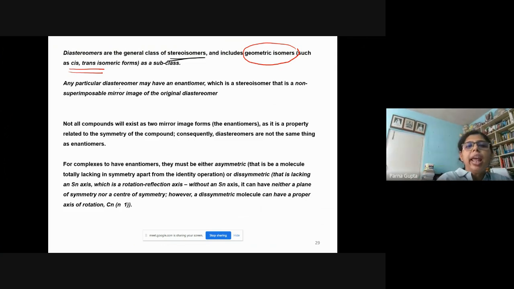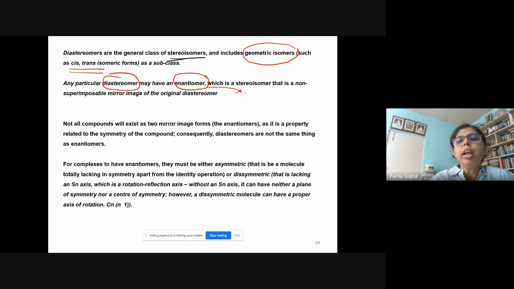And any particular diastereomer is an enantiomer when you have the mirror image relationship. This is very important, just remember that a mirror image relationship is what is considered. It's very easy.